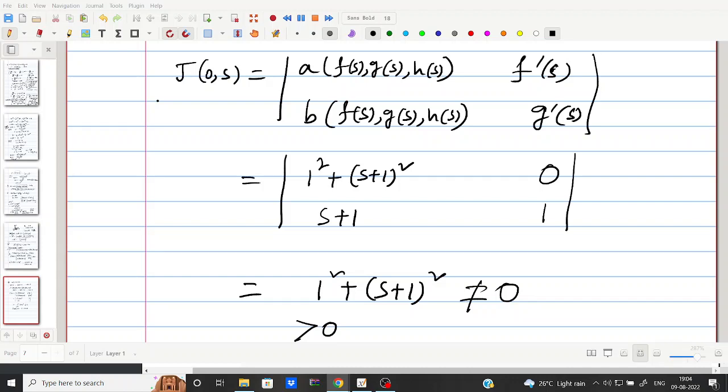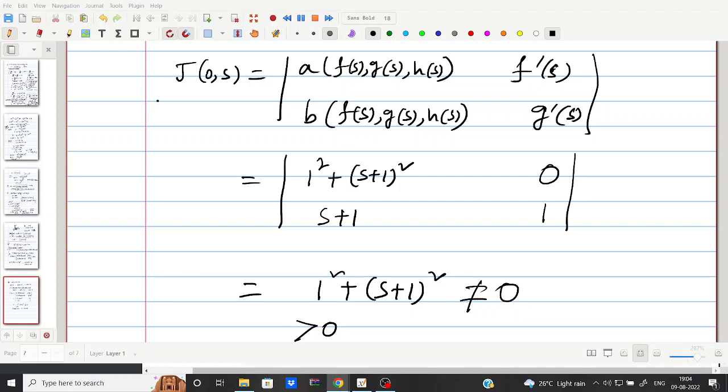So what is J(0,s)? This is f(s), I told you last time. This is g(s) and this is h(s), right? What is A at (f, g, h)? It is f square plus g square.